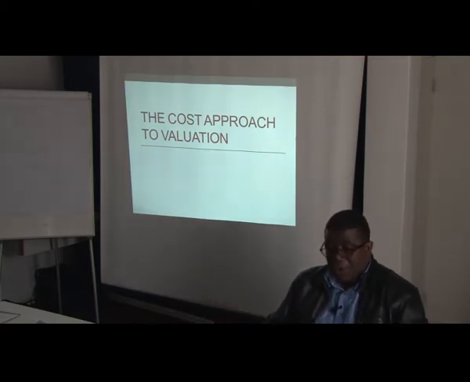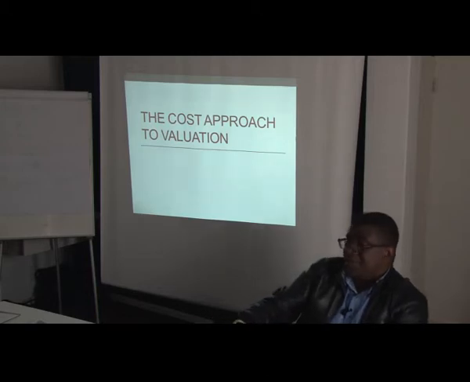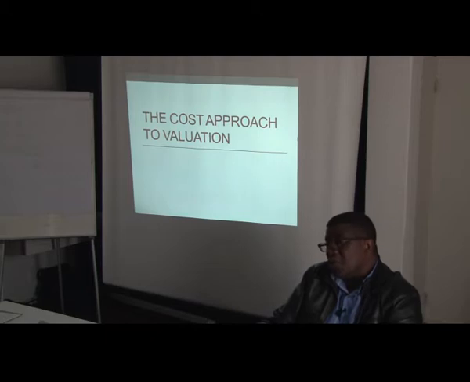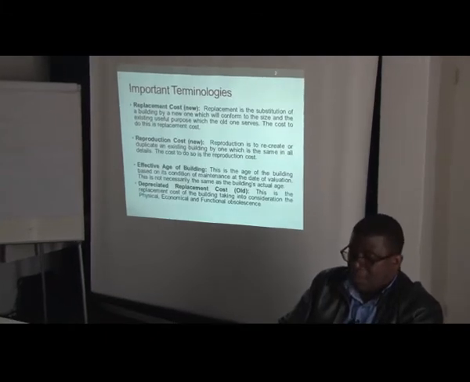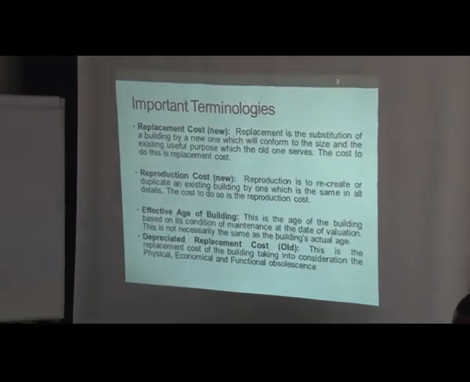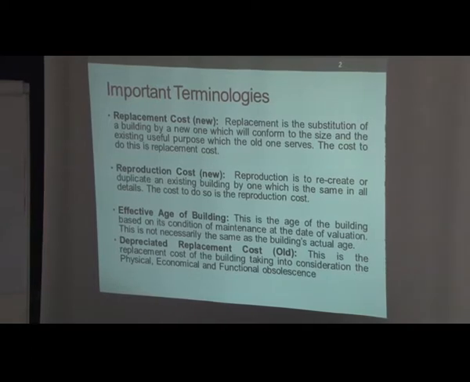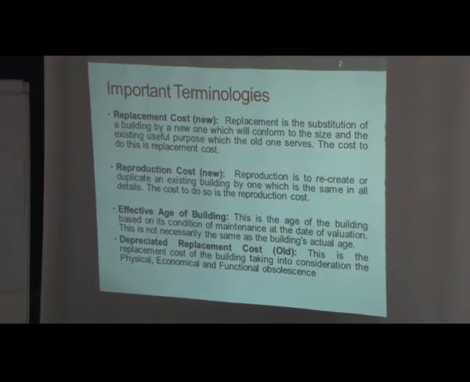So that is the opening remark, which is basically covered in most of my other presentations. But that is the general overview of the cost method of valuation. In determining the cost method of valuation, you need to know certain key important terminologies.